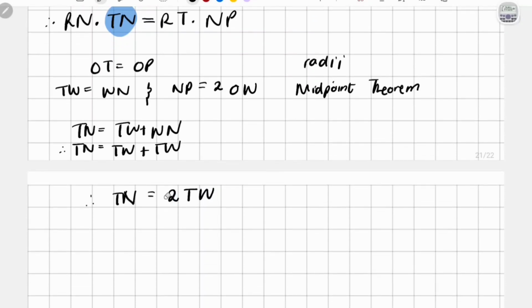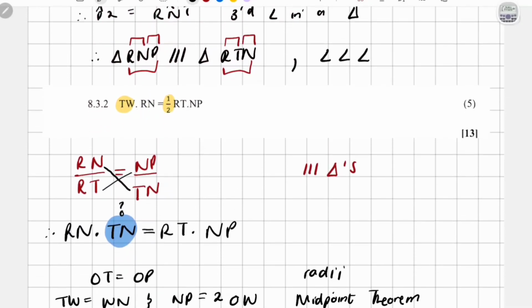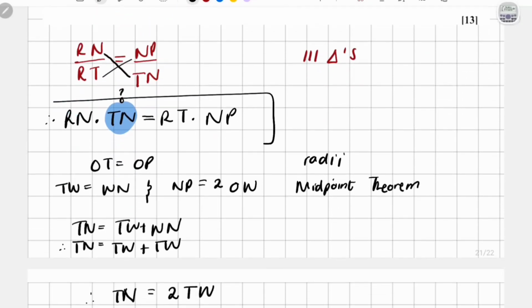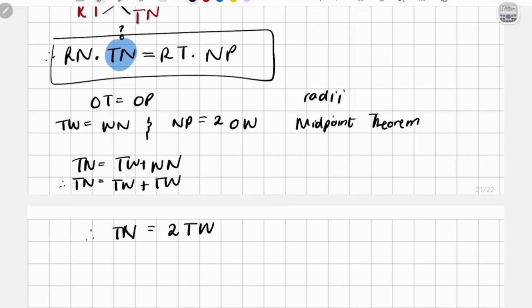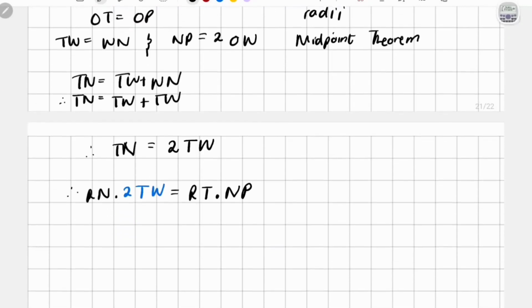That's what TN is. So because I saw TW, I'm going to put it into the equation that I have here and see how that works out. In place of TN, I'm saying now that RN is multiplied by, and in place of TW, 2 times TW. That is equal to RT multiplied by NP.